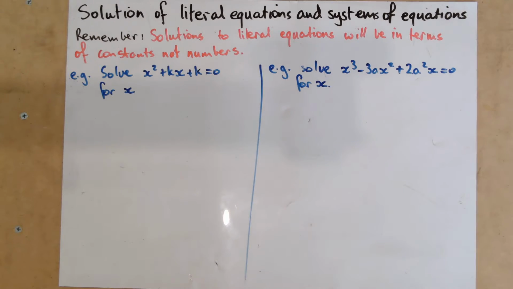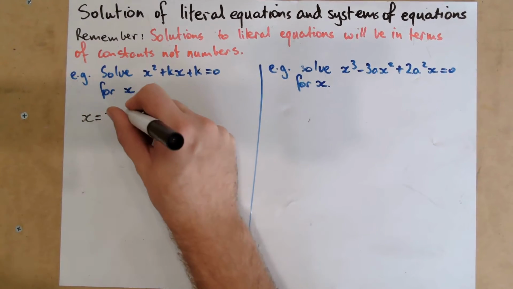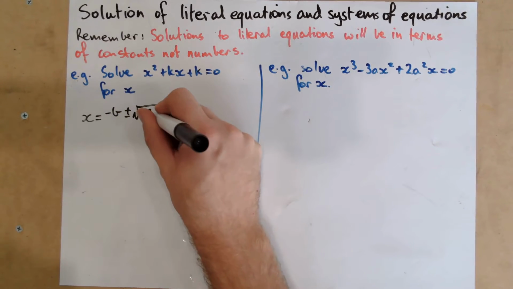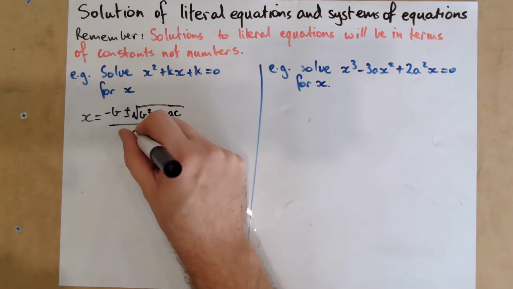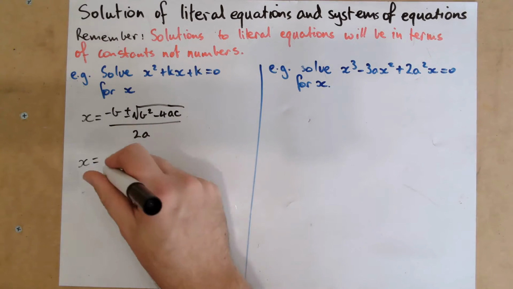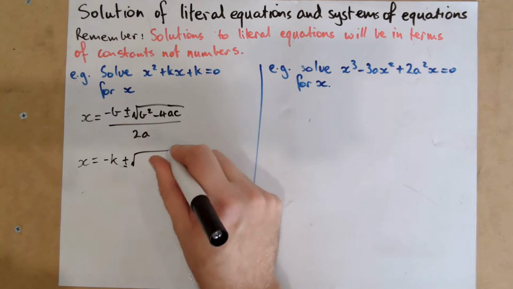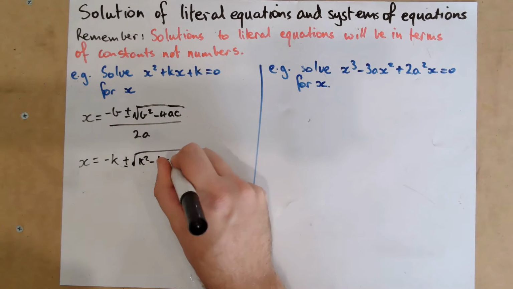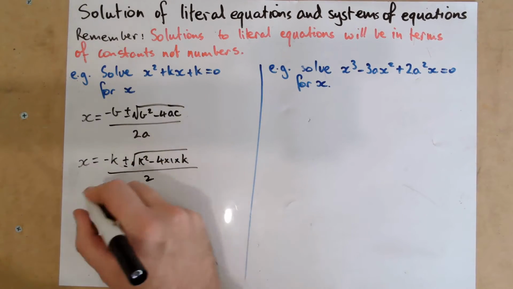So the easiest thing for this would be to jump straight into the general quadratic formula, which is negative b plus or minus the square root of b squared take 4ac, over 2a. So x equals negative k plus or minus the square root of k squared minus 4 times 1 times k, all over 2.